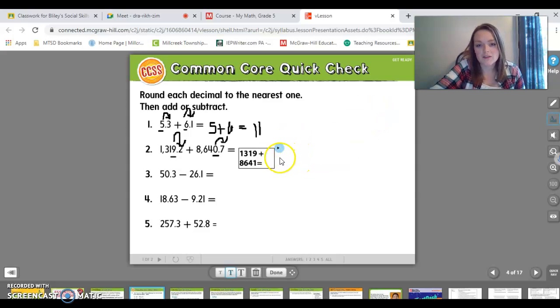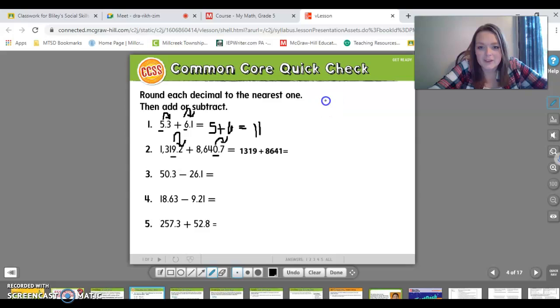Well, I think we are going to have to add this up and down, because Mrs. Wiley does not know that in her head. Okay, we have 1,319 plus 8,641. 9 plus 1 gives me 10.